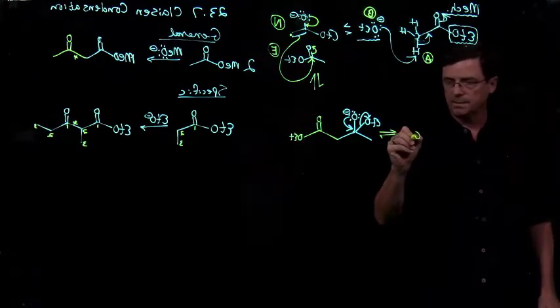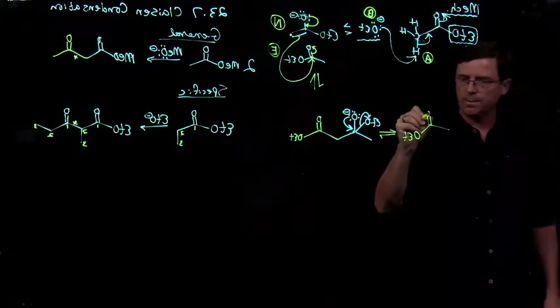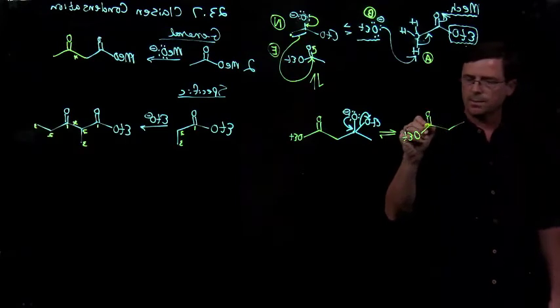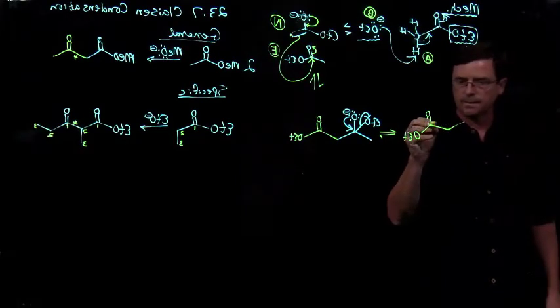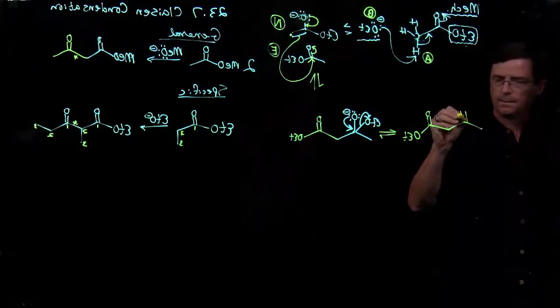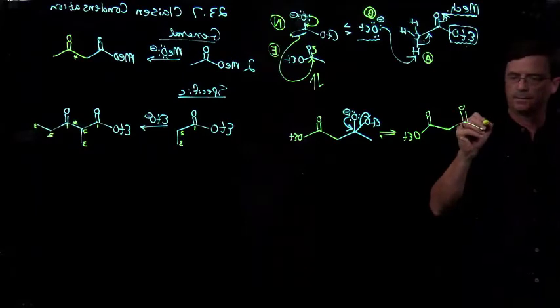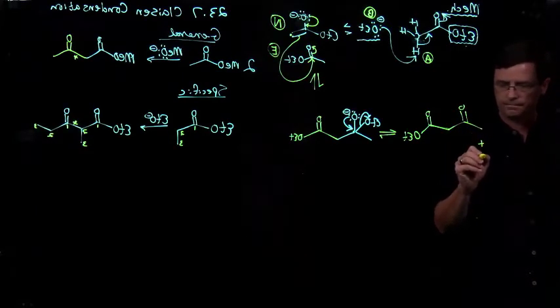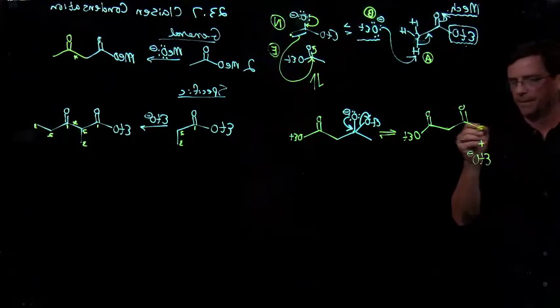When this has occurred, we produce what appears to be the product, but we're not done. So we have the ethoxide there.